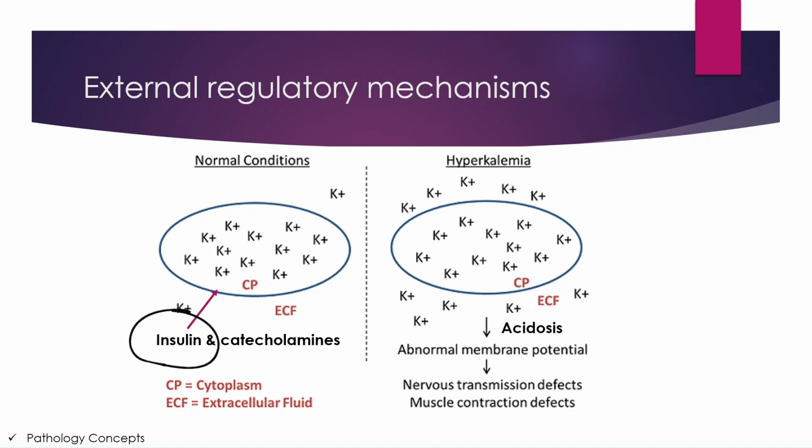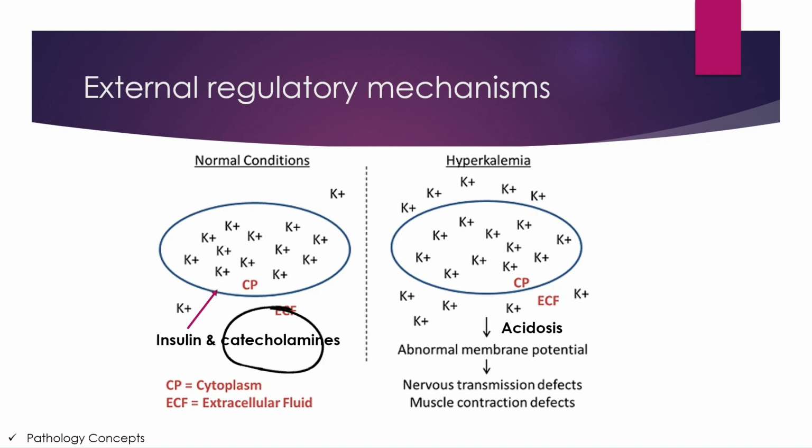Insulin is important in preventing large changes in the extracellular fluid potassium concentration, as it increases potassium influx into the liver and muscle cells by stimulating the sodium potassium ATPase pump.